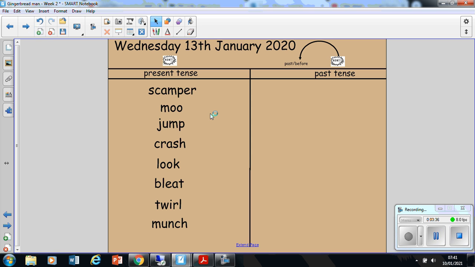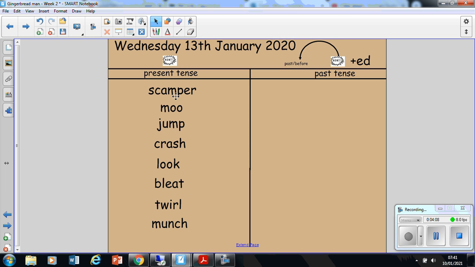And that brings us on to this table, and you should all have one of these today uploaded into your Teams account. All you're doing is using the verb, and you're going to write it in the past tense on this column with the ed suffix. All you are adding is the ed suffix. I'm going to write it here to help you remember. We've got ed, that's what you're adding here at the end of the verb.